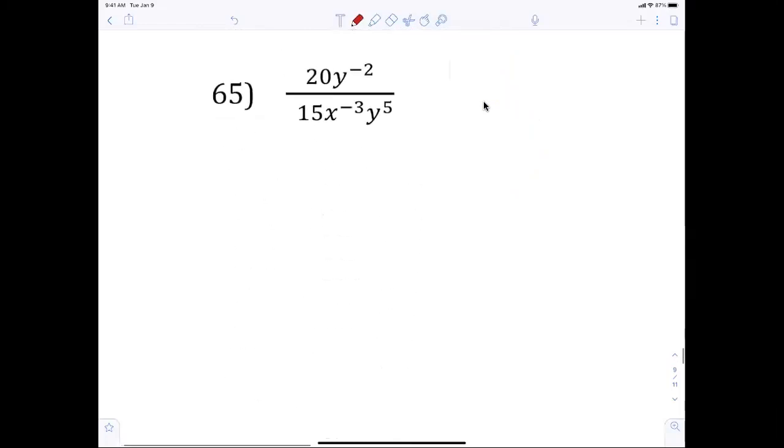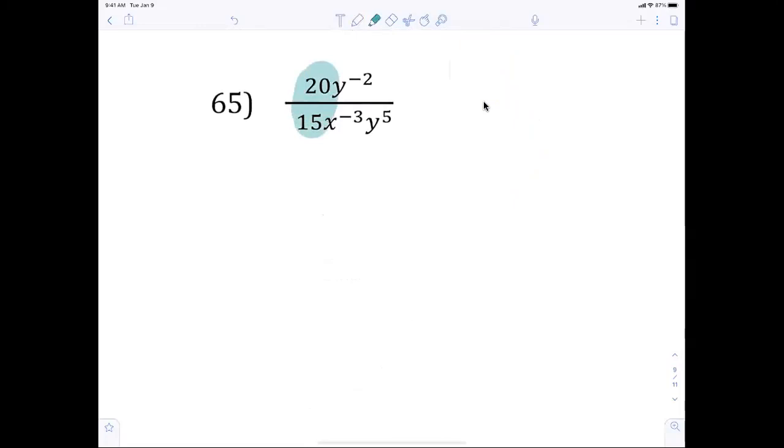All right, here we go, 65. Now remember, individually reduce the fraction. 20 over 15, divide by 5, 4 over 3. Anybody have any issue with that? Now that we reduced the numbers, we're going to look at the exponents.